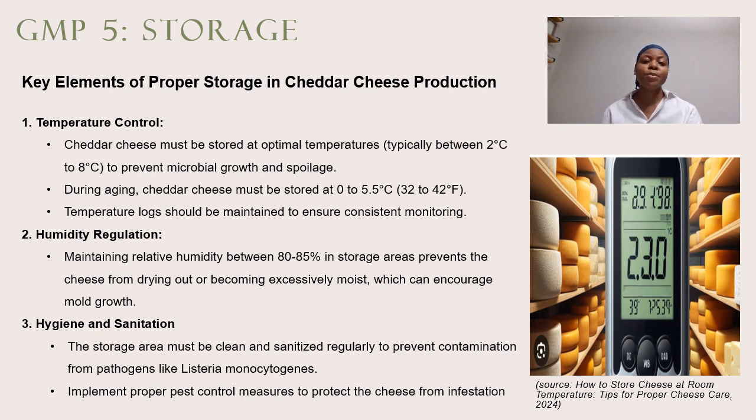The third GMP for storage of cheddar cheese is to keep good hygiene and sanitation. This could prevent contamination by Listeria monocytogenes, and it is also advised to implement proper pest control in order to prevent the infestation of pests or microorganisms during storage.